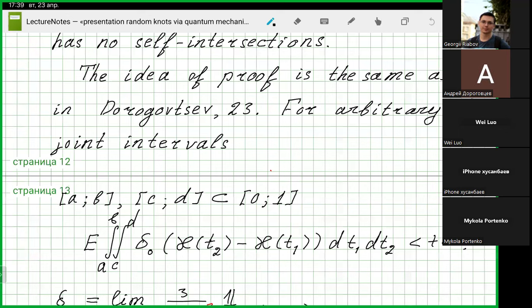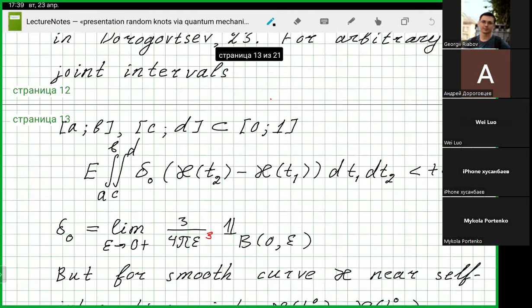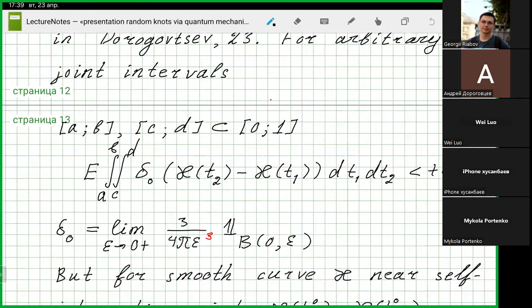Let me recall what this means. The delta function is the following limit in the weak sense: the indicator function of a small ball around the origin, divided by the volume of this ball. The volume of this ball is proportional to epsilon to the power 3.